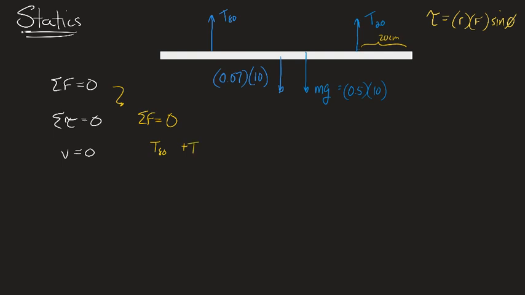There's T20, again upwards, making it positive. There's negative 0.07 times 10 mg for the meter stick. And there's negative 0.5 times 10 mg for the weight hung on the meter stick. That has to equal 0.